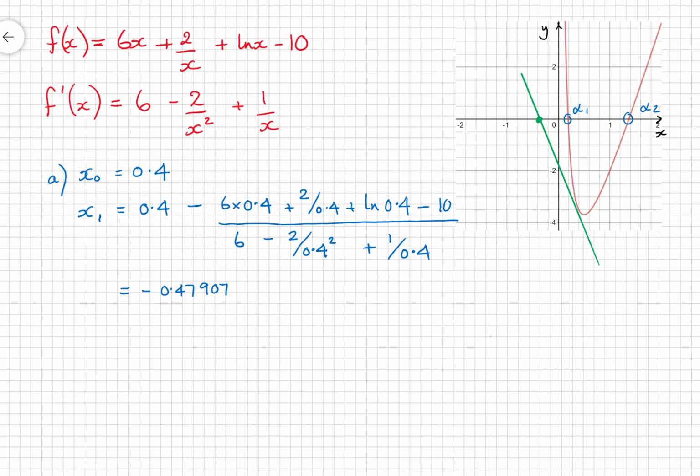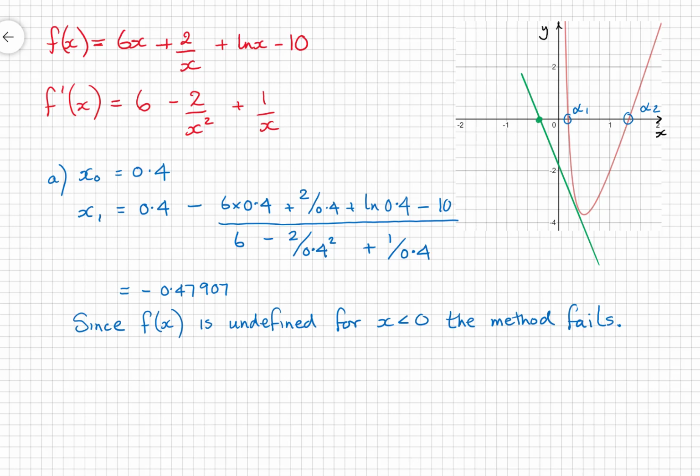The reason for this is that f of x contains a natural log term, ln of x, and ln x is undefined for negative values of x. So we're in a position now to give our explanation as to why the method fails. f of x is undefined for any values of x which are negative, and so the method fails.